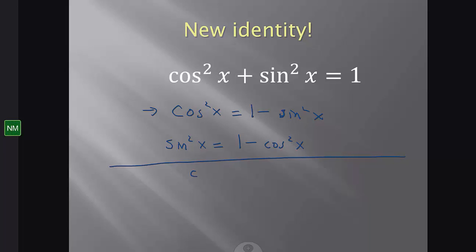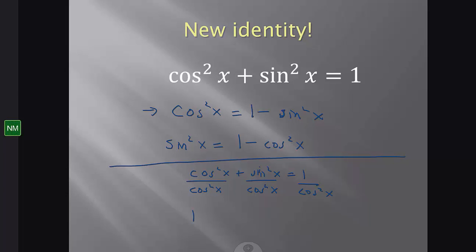The second thing we should think about is whether or not this particular identity allows us to make other identities. Is this the only one of the Pythagorean identities? This only relates together 2 of our trig functions. So let's say that I start again from here, but this time I'm going to take every term and divide it through by cosine squared x. Do we get anything new?